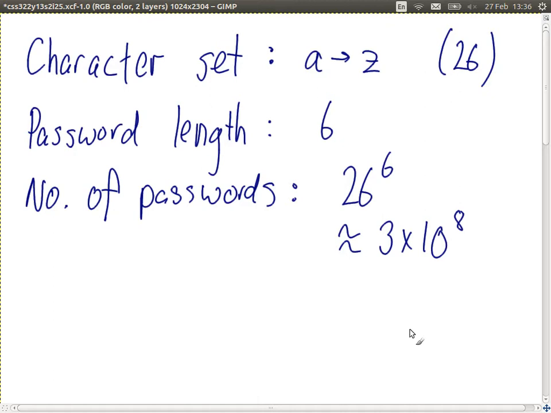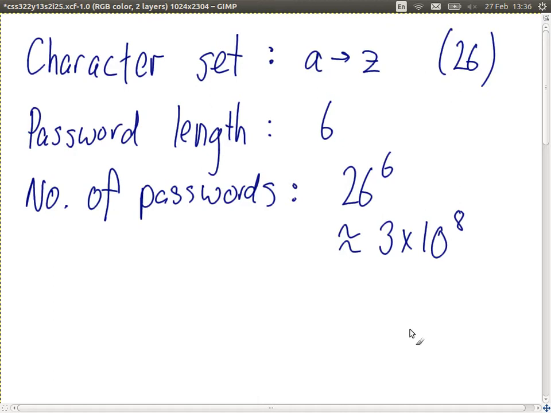We want to have enough passwords such that if an attacker tries them all, they will not be able to complete trying them all within centuries and take them too long. Well, it depends upon how fast is the attacker in trying passwords.